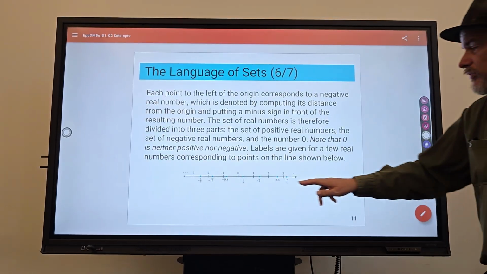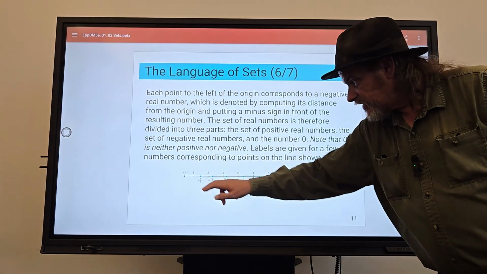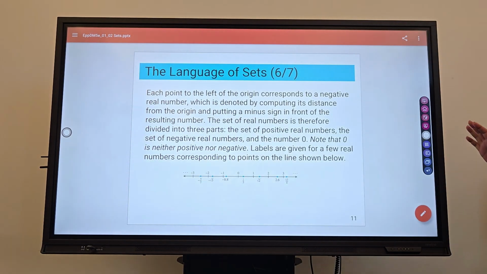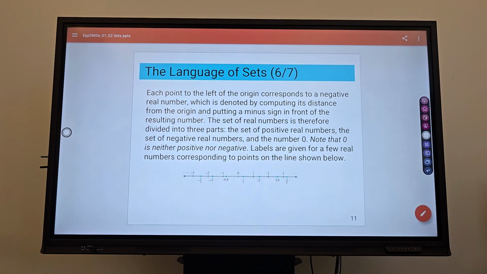I'm sorry. To the right is positive numbers. To the left is negative numbers. Sorry about that. But it's divided into 3 parts: positive real numbers, negative real numbers, and the number 0. Note that 0 is neither positive nor negative.